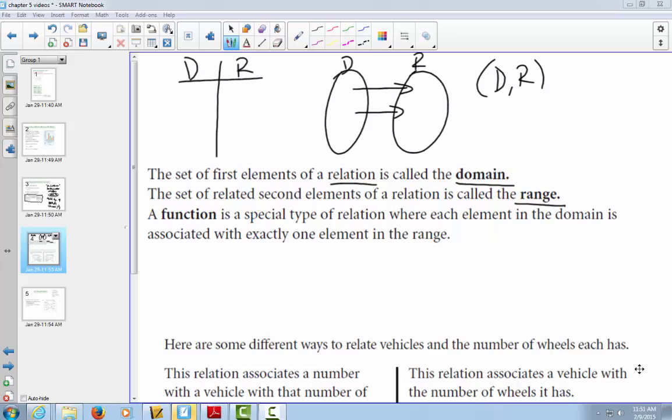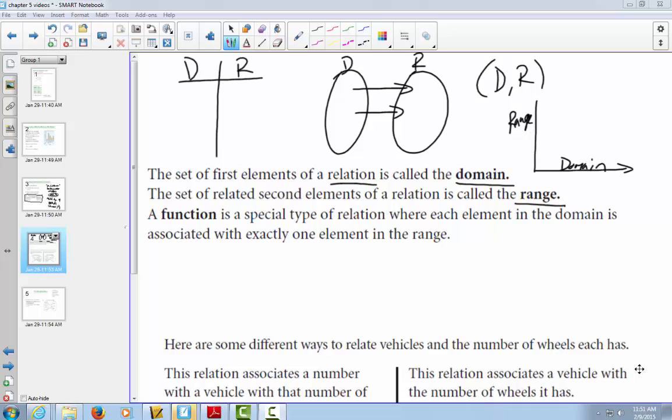And if we're looking at a graph, domain, range. Always. So, the first set of elements of a relation is called the domain. The set of related second elements of a relation is called the range.